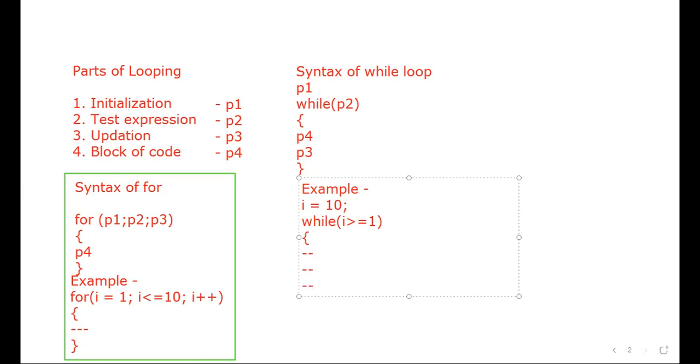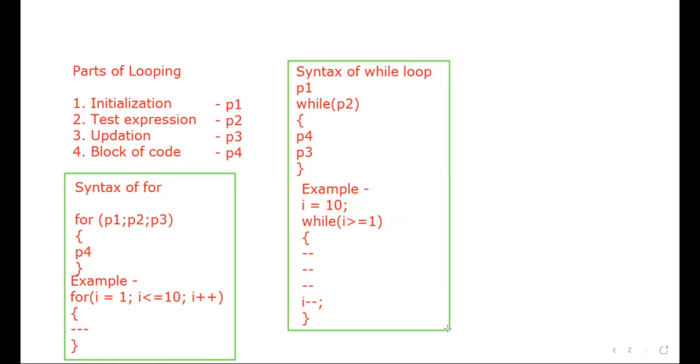Okay, it can be any number of statements which you can write inside. Then I minus minus. Very good. So I minus minus and a semicolon and a curly close. So I hope you are clear with this, right? You are getting clear on how to write the syntax of while, right?